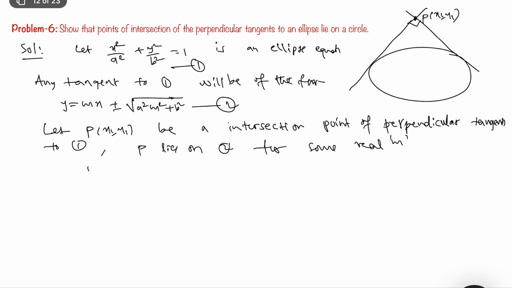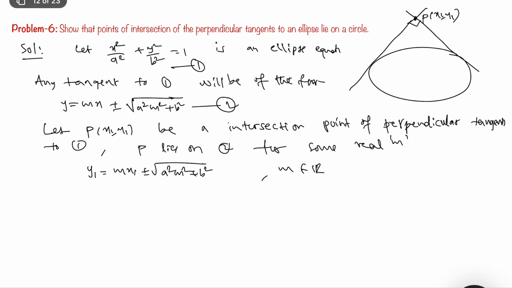Then we must have y1 equal to mx1 plus or minus under root a square m square plus b square. Here m is some real number. Actually, there will be two values of m, say m1, m2, for which the corresponding tangents pass through (x1, y1). As we have taken (x1, y1) as the intersection point of two perpendicular tangents, these two m1, m2 represent slopes of these tangents and must be perpendicular slopes. That means m1 into m2 must be equal to minus 1.